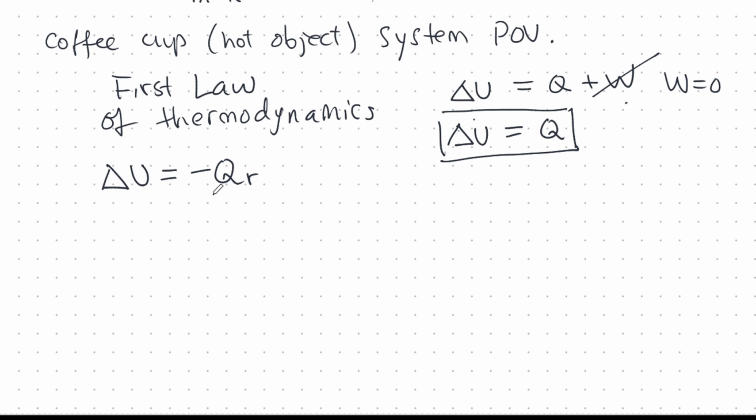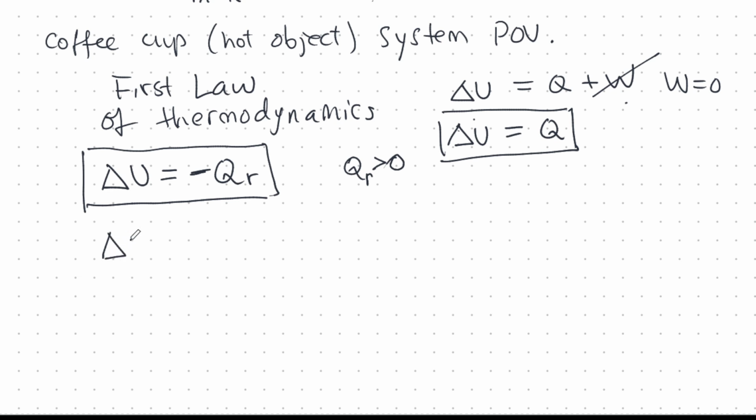And so to get a negative on the right-hand side, you have to put a minus here. Because remember, the way Newton's law of cooling is defined, Q_R is bigger than zero. So this is what the first law of thermodynamics tells us.